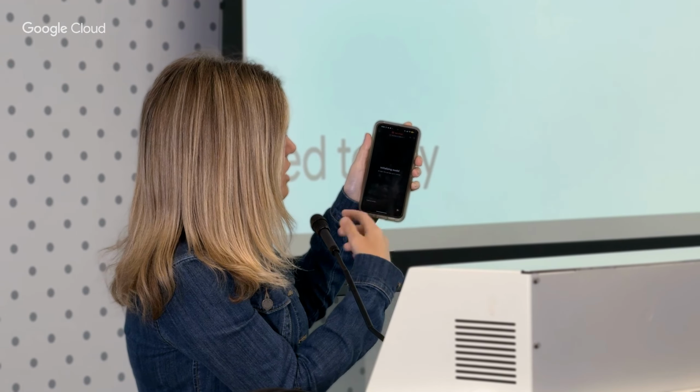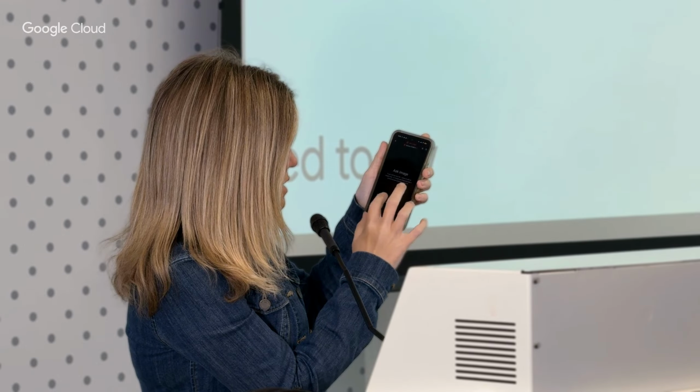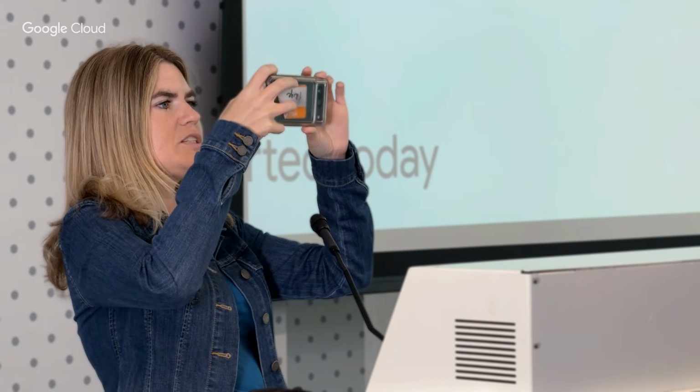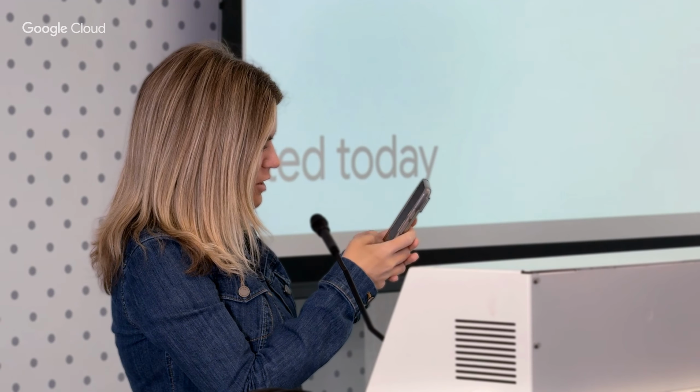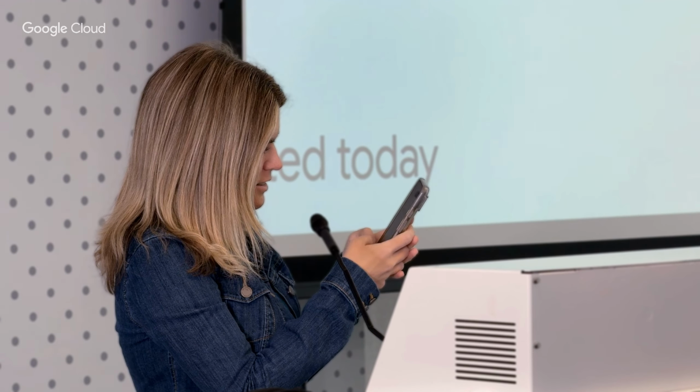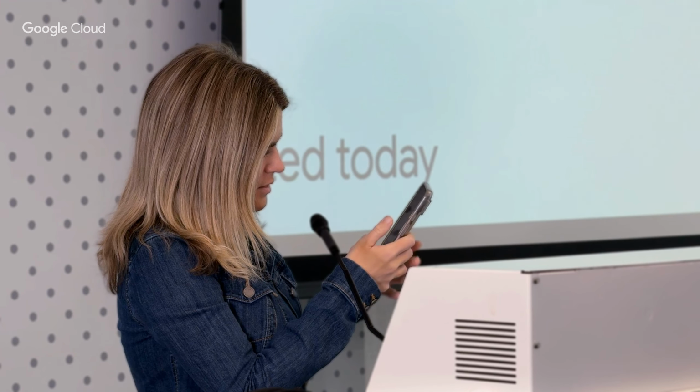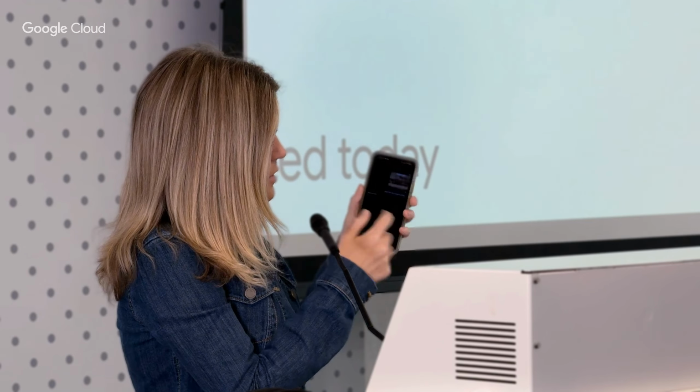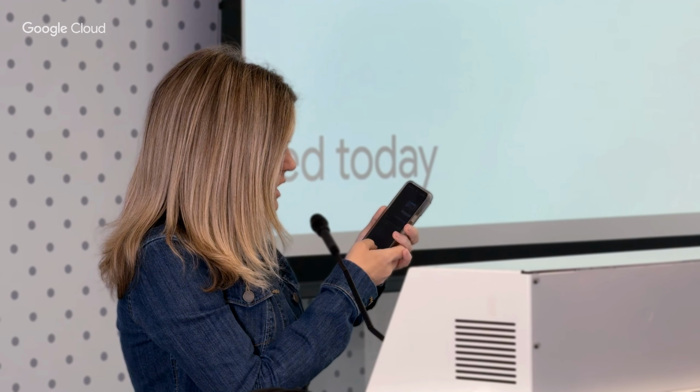Then once you initialize it, I'm going to take a picture of what it sees in the room right now. And then I'm going to say, describe this image in detail. It's using the model on the GPU because that's been enabled.